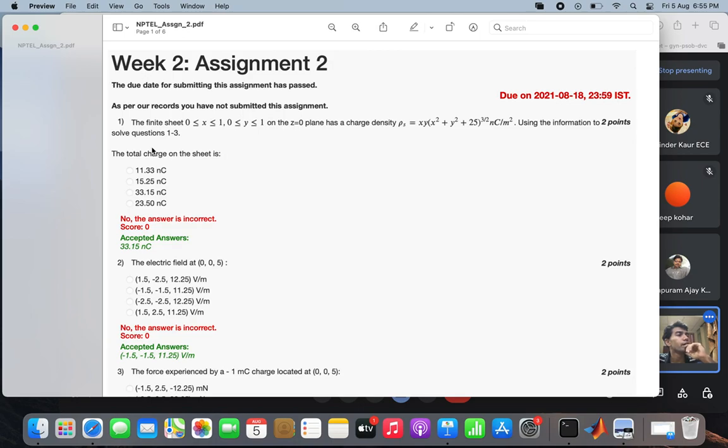You can take a larger cube as a Gaussian surface, and then the total charge enclosed will be all 8 charges. At what point do you want to find the field?